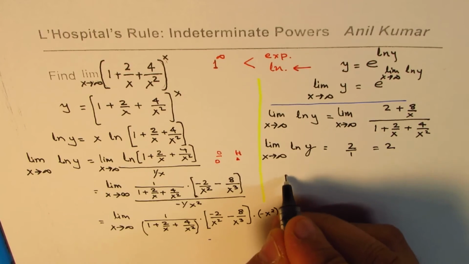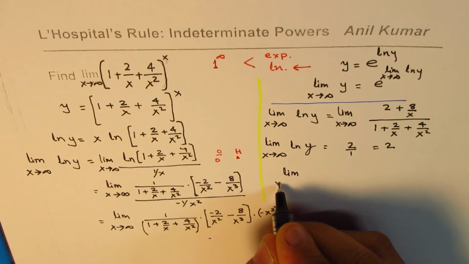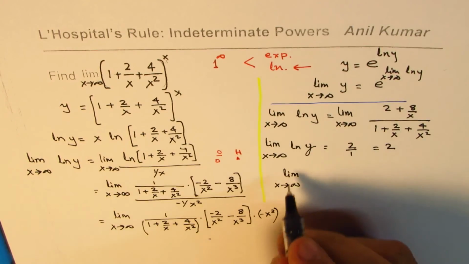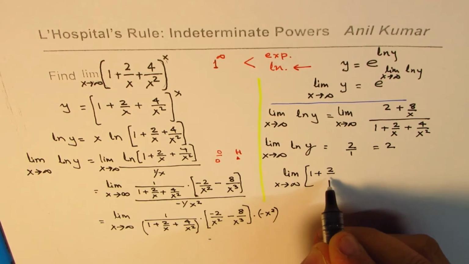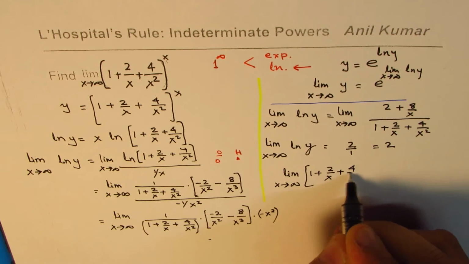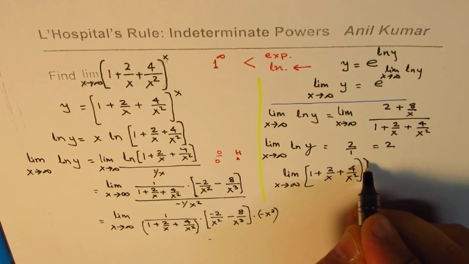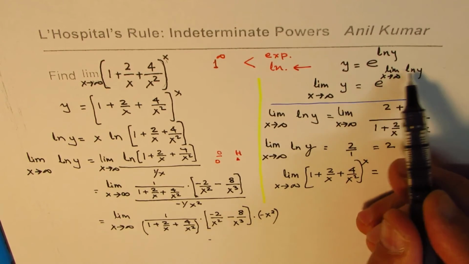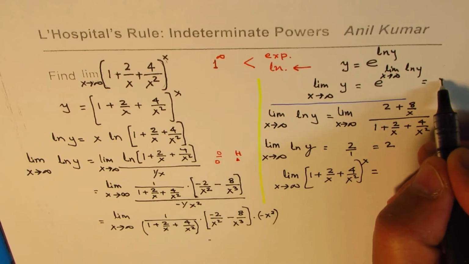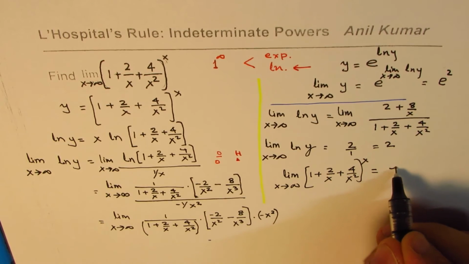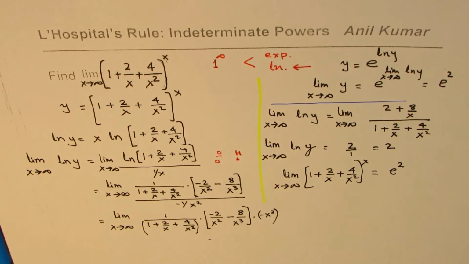So we can write the limit as x approaches infinity of the given function, which is y for us, 1 plus 2 over x plus 4 over x squared, to the power of x, is equal to e to the power of this limit. And this limit we just found as 2. So we can write this as e squared. You get the idea, right?